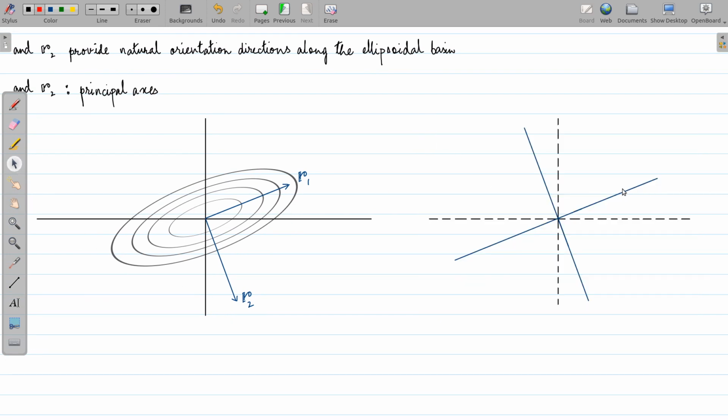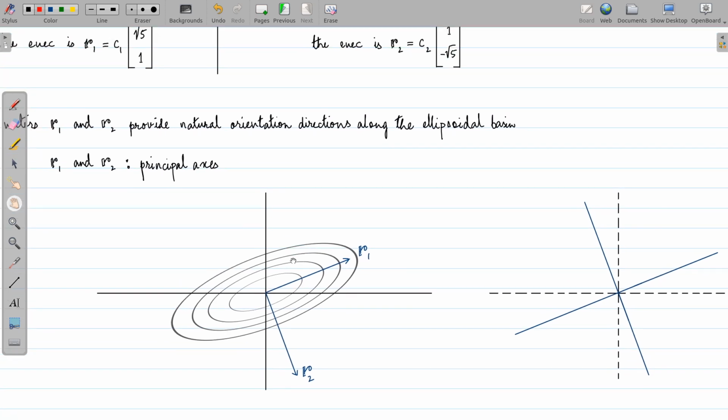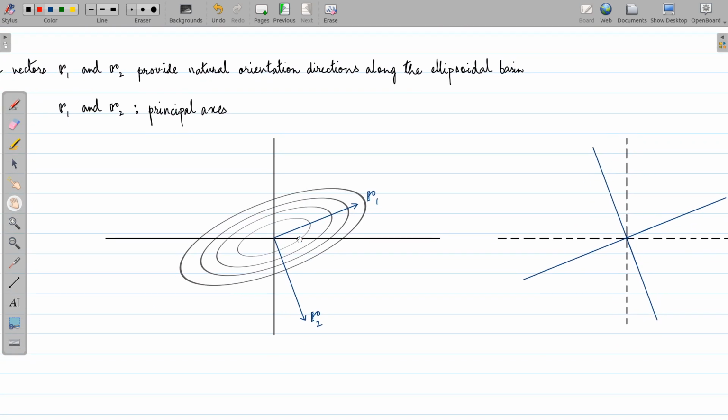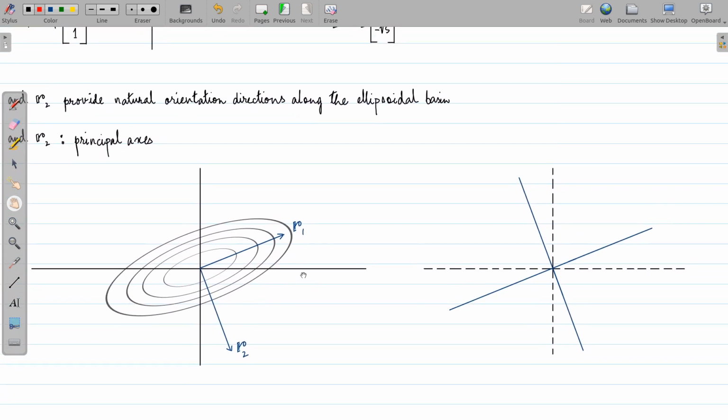This axis is along R1 and this is along R2, and this is the original axis that we have. This new set of axes gives us a much more natural orientation direction for analyzing this particular problem. That's why these are known as principal axes.